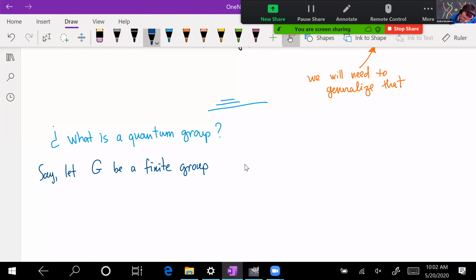Then to the finite group we can associate an algebra, which is just the group algebra, KG, where K is a field.